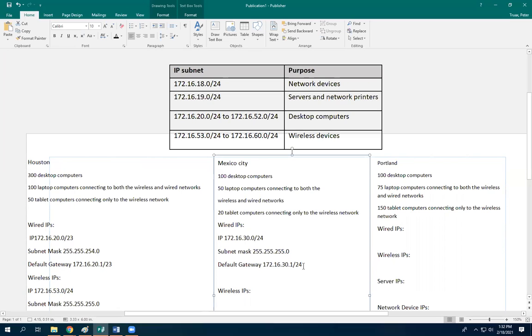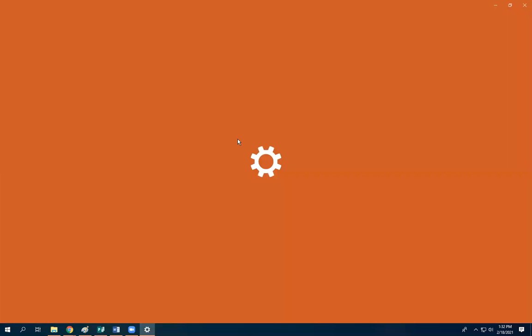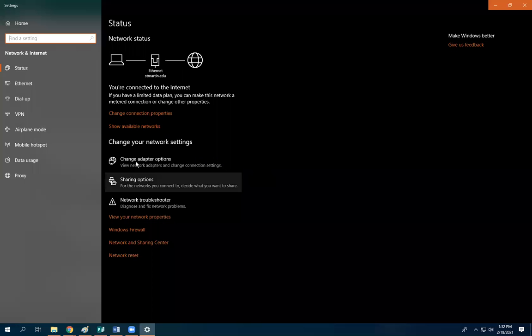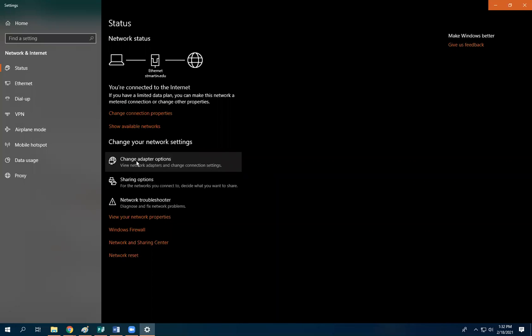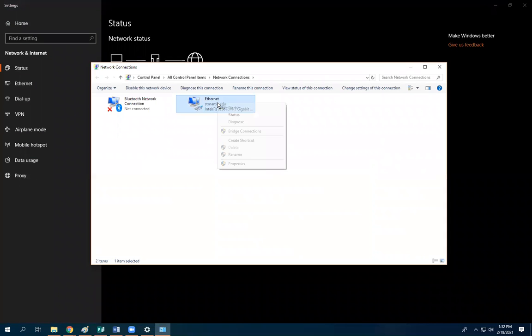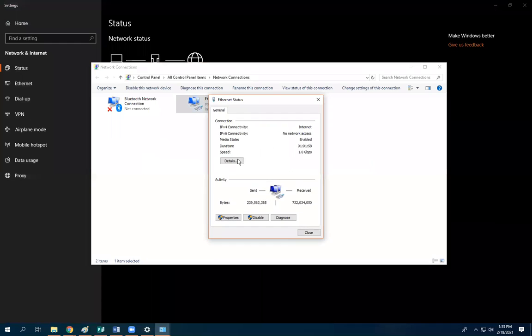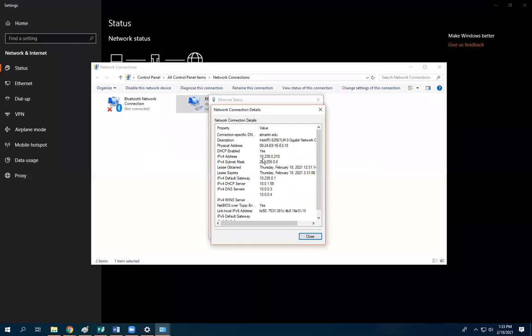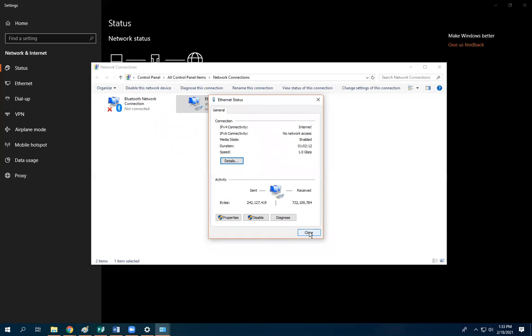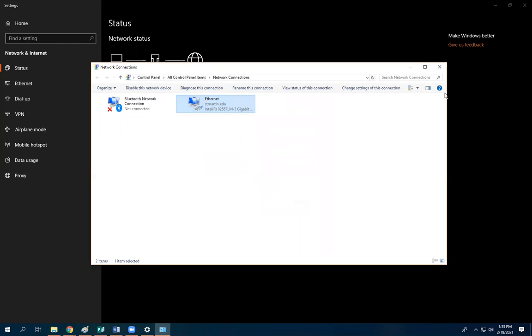They don't get put into your default gateway. So if you look at your internet settings on your computer, you click status, it shows your IP address, the subnet mask, and the default gateway. But it doesn't have any slashes or numbers behind it. So the /24 would just let us know that we're on the right network.